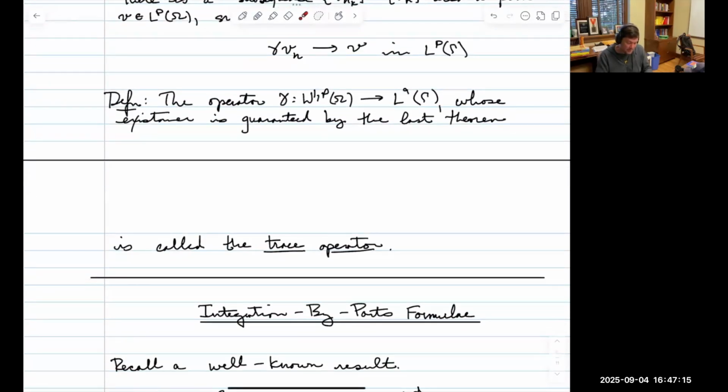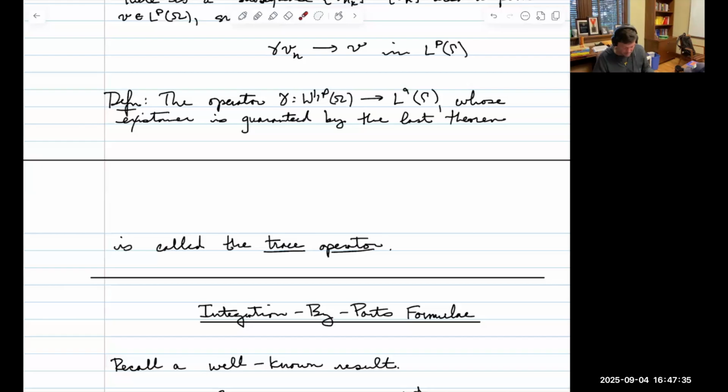So this operator gamma, whose existence is guaranteed by the last theorem, is called the trace operator. We'll talk a lot about trace operators, but it's basically going to fade into the background, and it won't be very important because you'll never think about it.